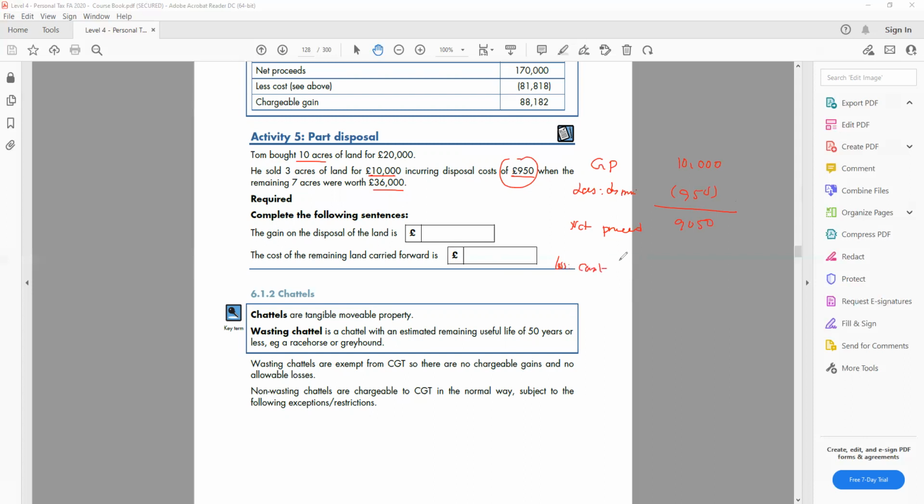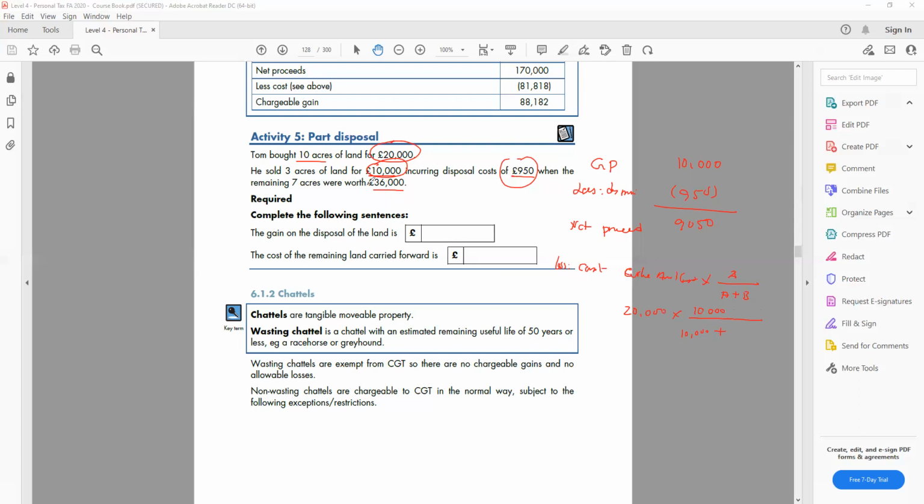With the cost, we have to follow this formula: total cost, the whole asset cost, times A over A plus B. The whole asset cost was 20,000, times A, how much you sold it for, which is 10, over A plus B. B is the value of the remaining assets.